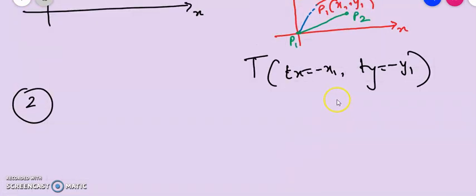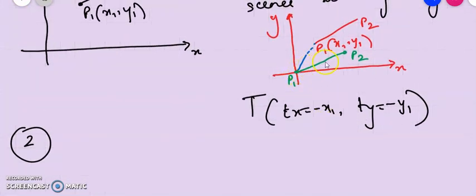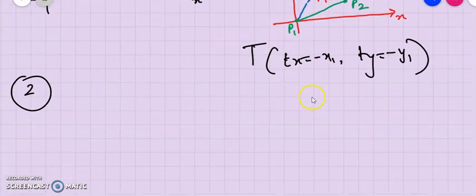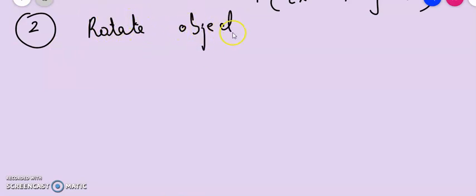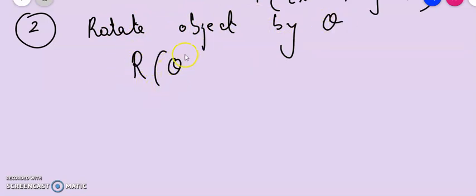Our step number two is, now I am at origin. Now I need to perform the required rotation, as this will be treated as rotation about origin. So I need to rotate the object by angle theta, that is, I need to perform R theta.